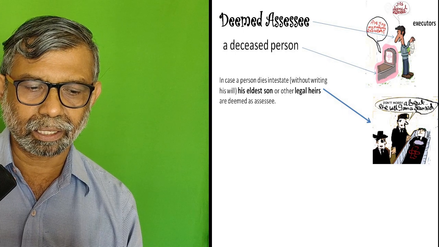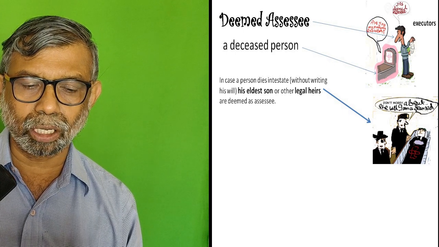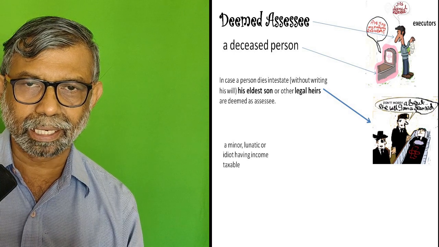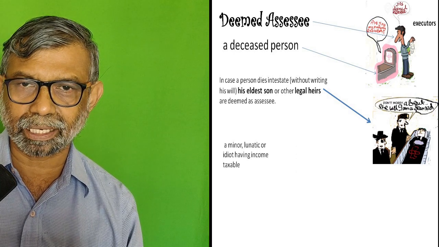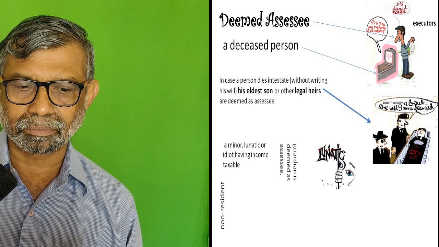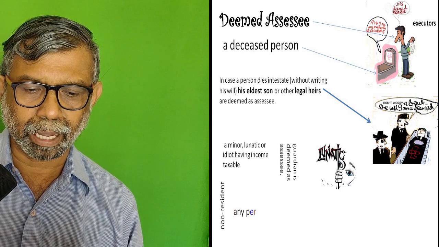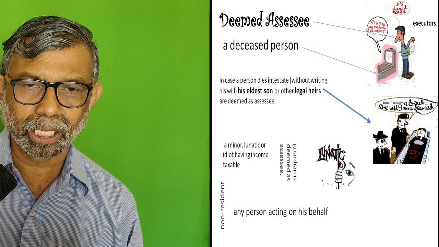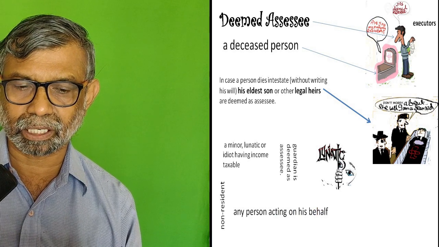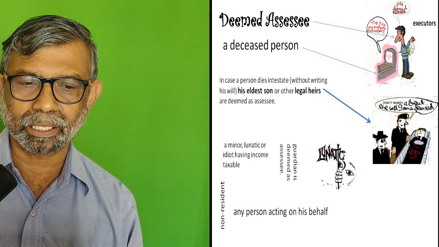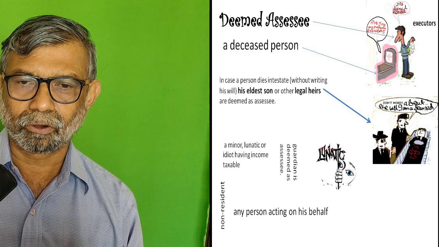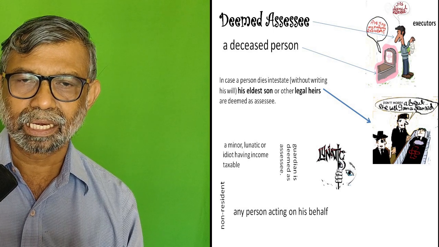Clear? Okay. So we already saw the guardian of a minor or lunatic can also be called a deemed assessee. The law compulsorily says that the guardian must submit the return for the minor or lunatic. Similarly, the agent of the non-resident must submit the return. समझ गया?